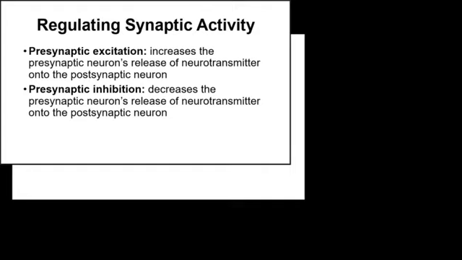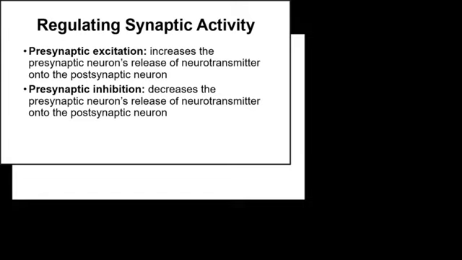So we focused there on our postsynaptic neuron, and now we want to bounce back and talk about the presynaptic neuron again, this time talking about whether we're increasing or decreasing the release of neurotransmitters. So we can talk about presynaptic excitation, and again, these words should start making sense because we're using them pretty consistently, just in different combinations.